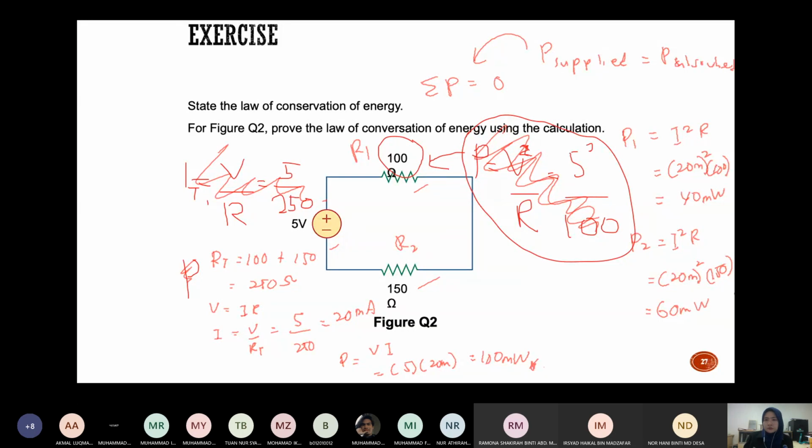So if you look here, the P supply is 100 milliwatt, the same as P absorb. P absorb is 40 milli plus 60 milli, so it's the same: it supplies 100 milliwatt and the power absorbed is 100 milliwatt.